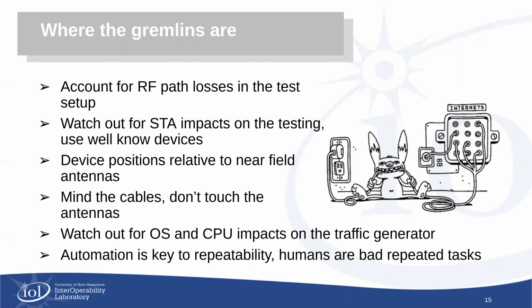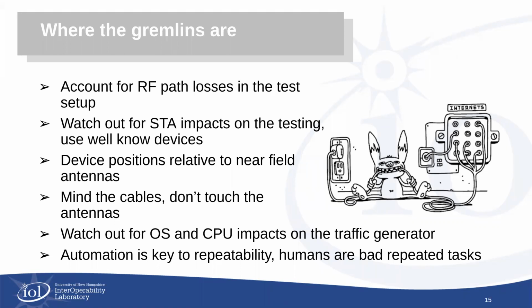If you're implementing the traffic on something like a generic CPU or generic COTS OS, be aware that you can have impacts from the TCP stack, how it's working, and whether the CPU is doing other things. It really depends on your specific implementation, but knowing the layout of that environment and its impacts is also somewhat critical.